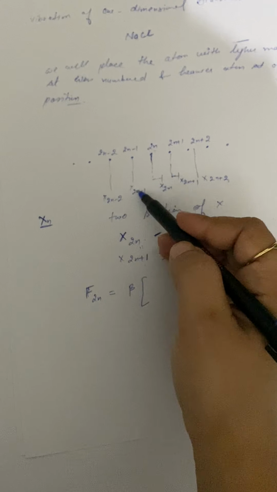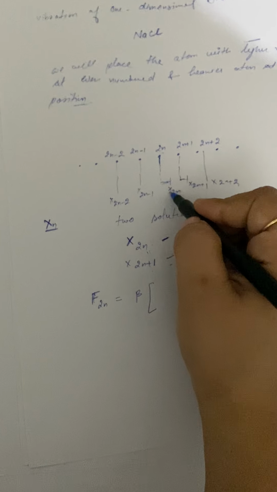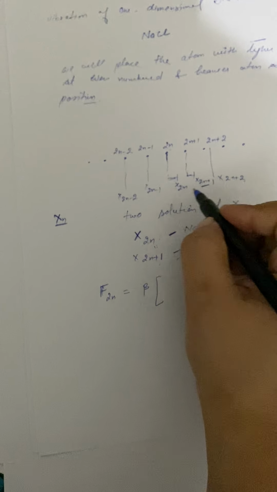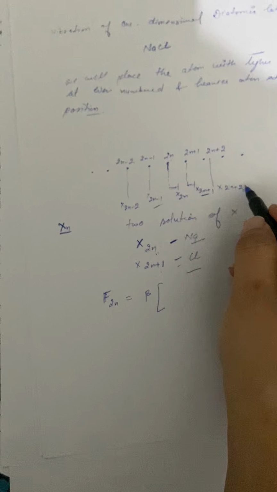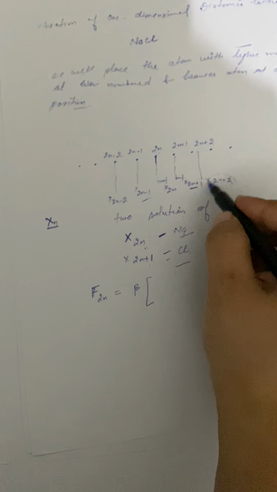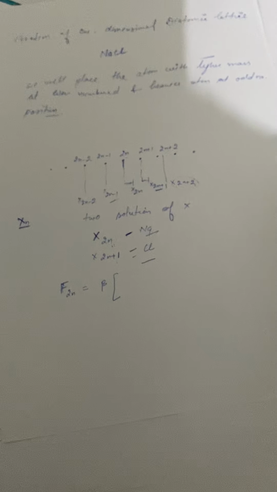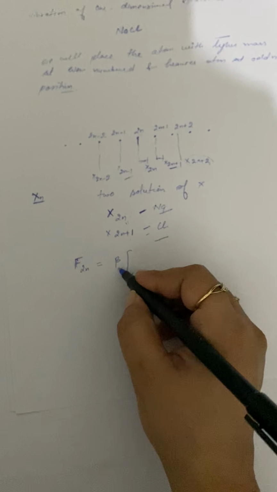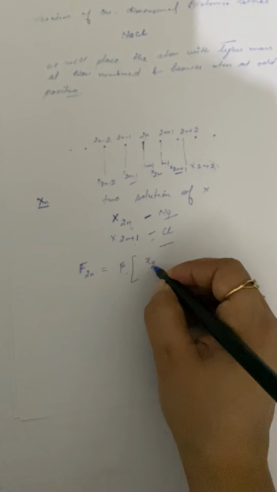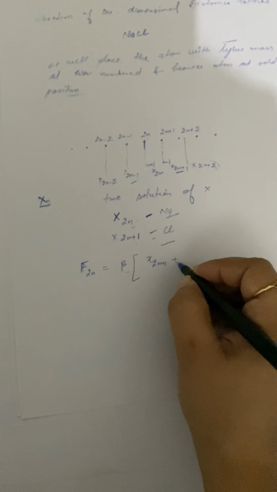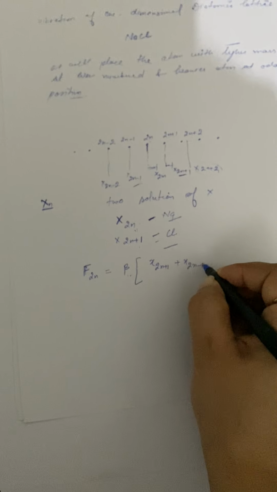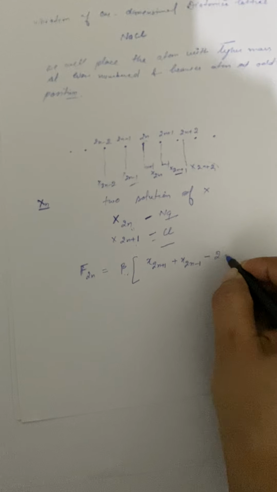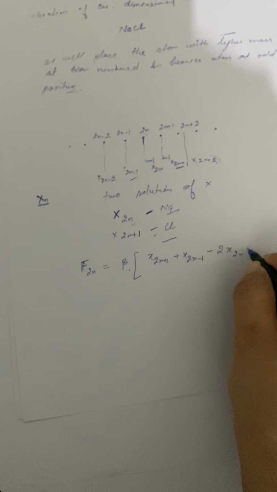In the neighboring side of x2n we have x2n plus 1 and x2n minus 1, because for the far away atoms the magnitude of the force is almost 0, so it will be beta times x raised to power 2n plus 1, plus x raised to power 2n minus 1, minus twice x2n.